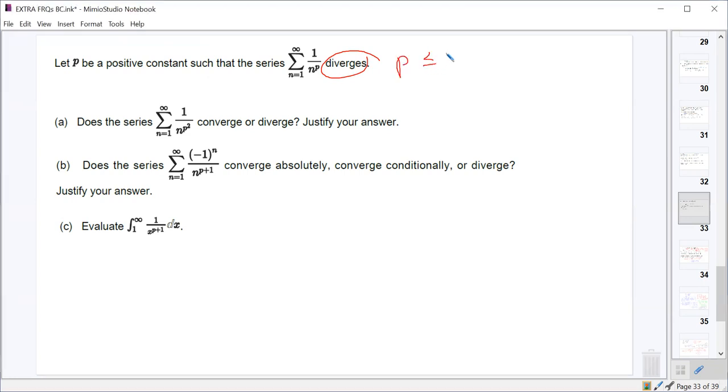Exactly, p is less than or equal to 1. Okay, so we want to know, does the series from n equals 1 to infinity of 1 over n to the p squared diverge? And then we need to justify our answer.